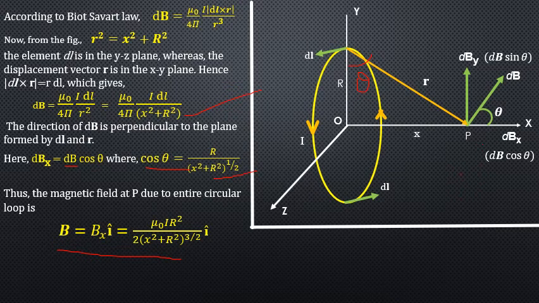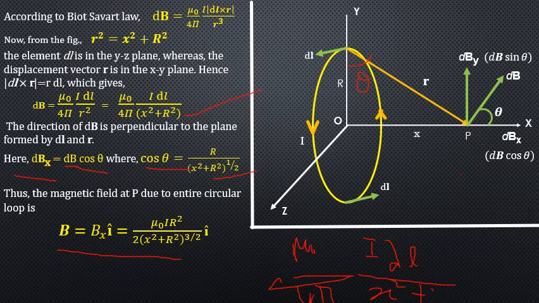So we are multiplying dB and cos theta to get dBx, which is dB into cos theta. dB is mu naught upon 4 pi, as we have determined here, I dl upon x square plus r square raised to the power 1, that is there for dB.